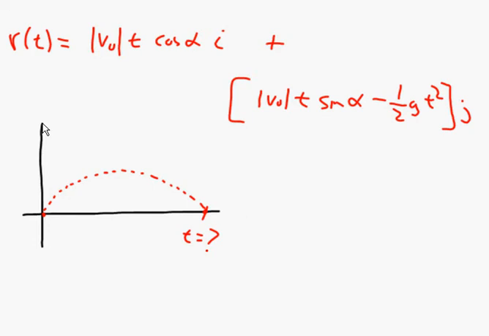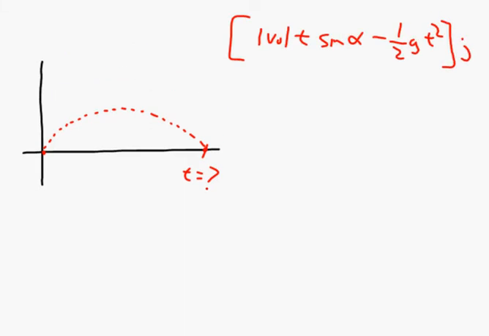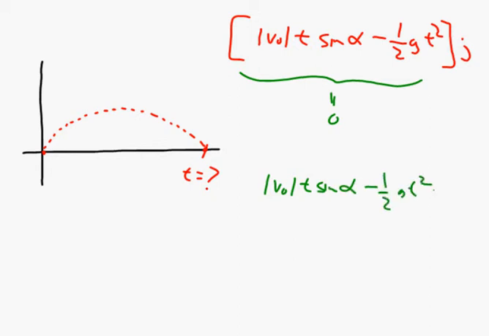All right. So what does that tell us? Well, we can take the j component and set it equal to 0 and find the times when the height is 0. So we take this thing and set it equal to 0, I get the following expression. Norm V0 t sine alpha minus a half gt squared equals 0. We can factor a t out.